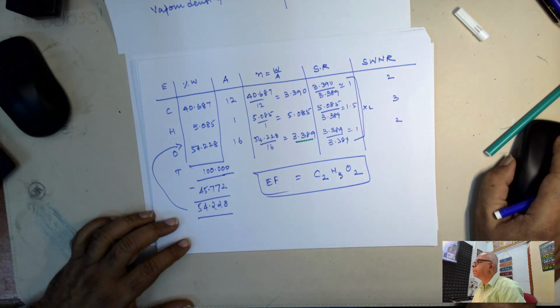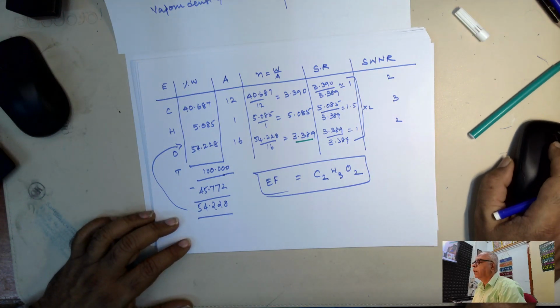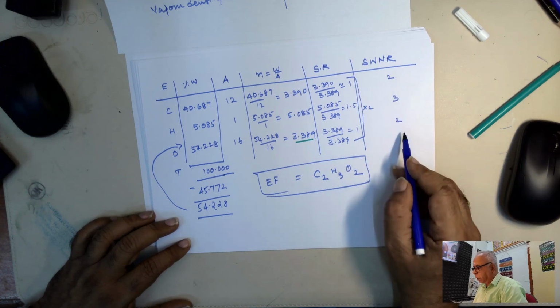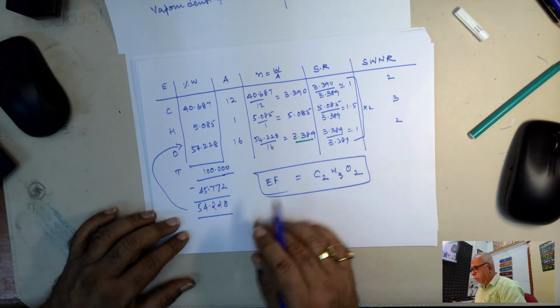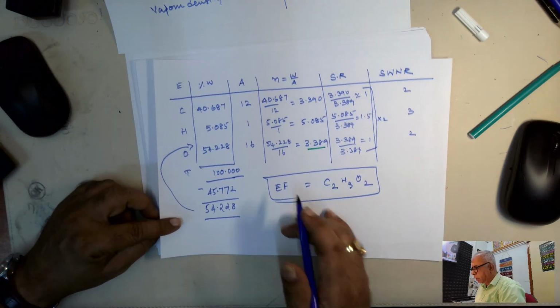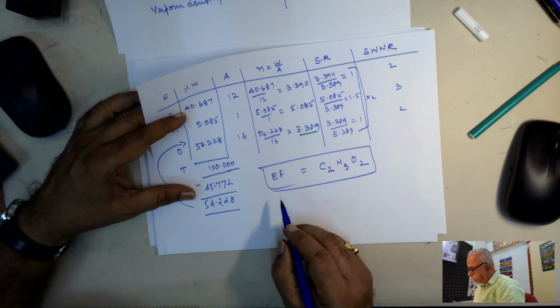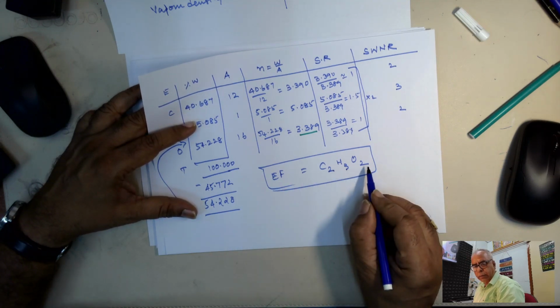Got this point? So we have got this empirical formula. And what is the molecular formula? There is a relationship between the empirical formula and the molecular formula.